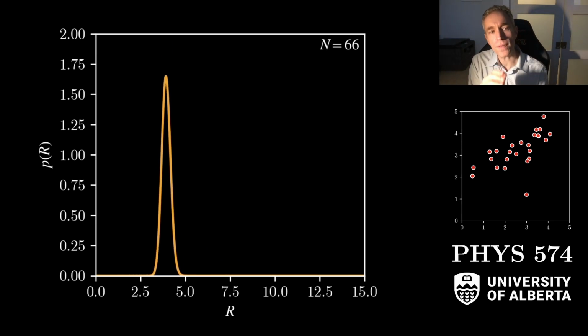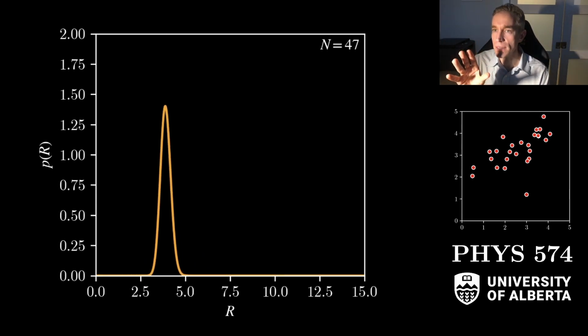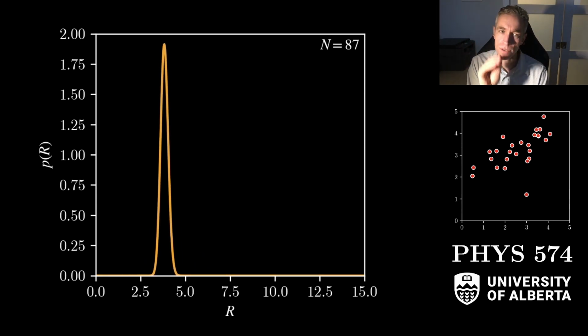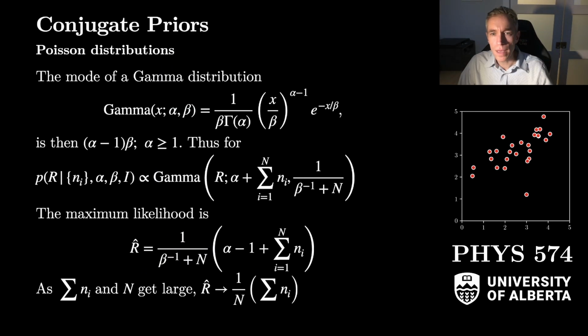And every one of these plots that I'm showing is a gamma distribution, but the posterior is converging to a specific shape and location here. So again, the nice feature of having this conjugate prior is that we get a known posterior distribution that's a function of the hyperparameters and the data.